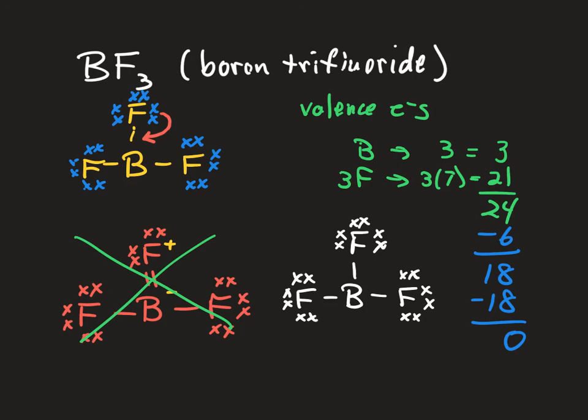Creating those formal charges counter to the nature of those atoms makes that less stable. And so we consider this the preferred Lewis structure, even though that central atom doesn't have an octet. So especially if we have small atoms or electropositive atoms in the center, if giving something an octet gives electronegative atoms a positive charge and/or electropositive atoms a negative charge, that is not preferred, and we live with the lack of an octet.